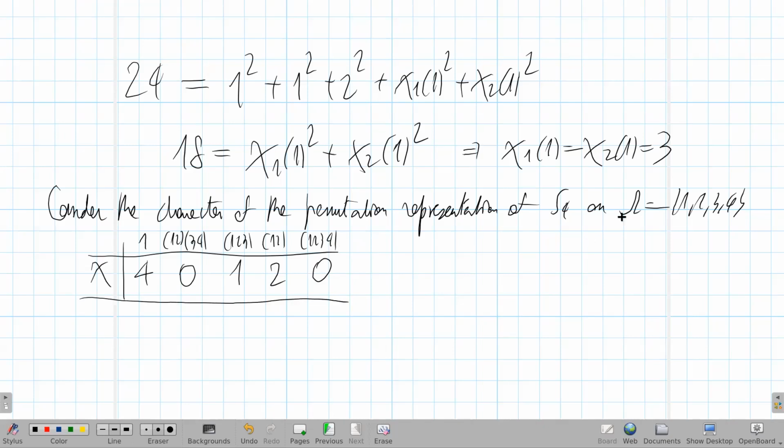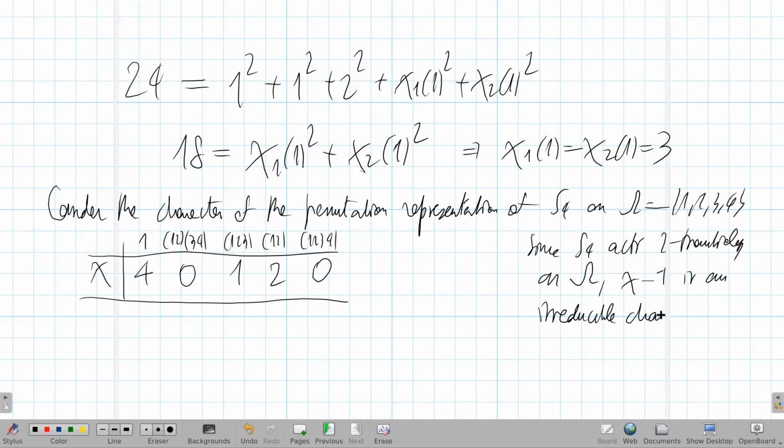And then remember, since S4 acts 2-transitively on omega, chi minus 1 is an irreducible character. Because chi is equal to 1 plus psi, and this is irreducible. 1 plus something means that the group acts transitively.